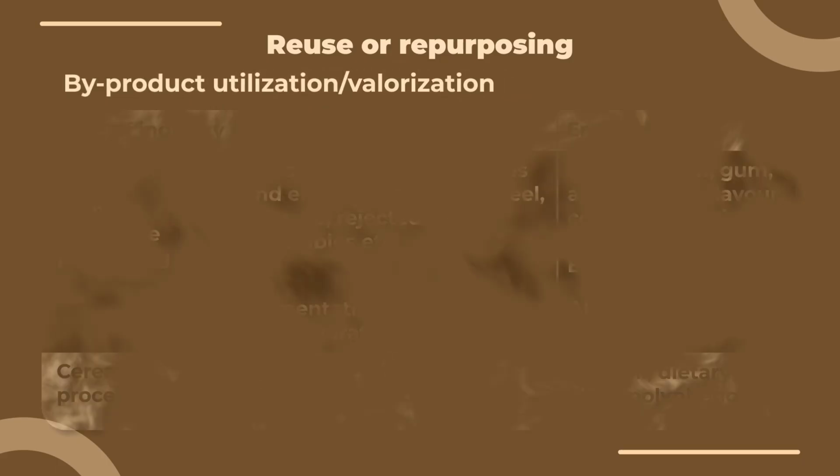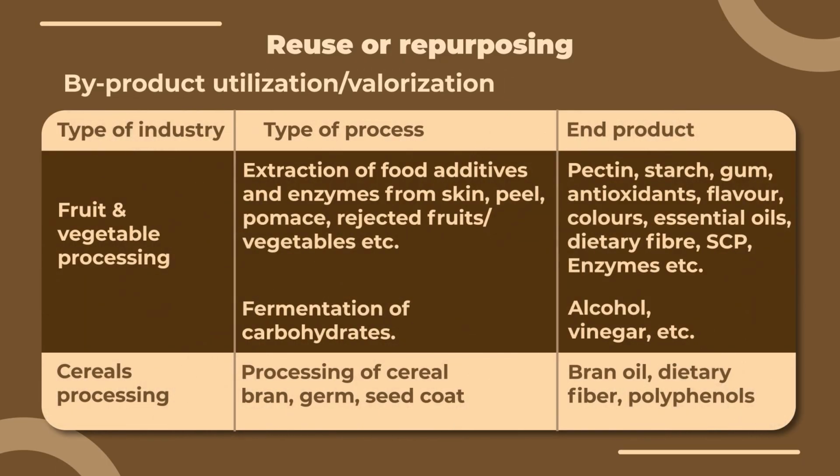If these are not treated, they will be disposed of as landfill. So, we should not treat all this organic waste as a problem. Rather, we should consider it a resource for further value addition, for valorization of the byproducts. So, these can be utilized as byproducts of that food industry.